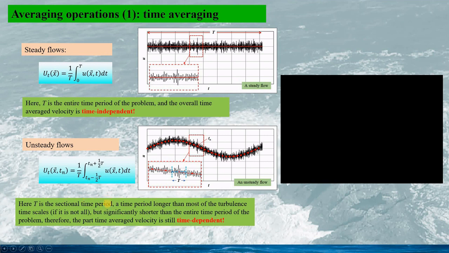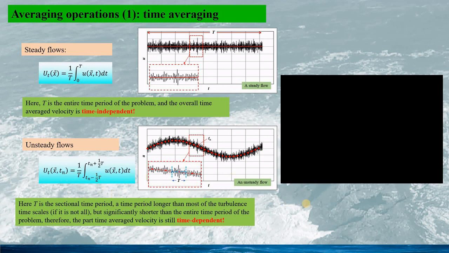Here T is the sectional time period, longer than most of the turbulence time scales, but significantly shorter than the entire time period of the problem. Therefore, the time averaged velocity is still time dependent.